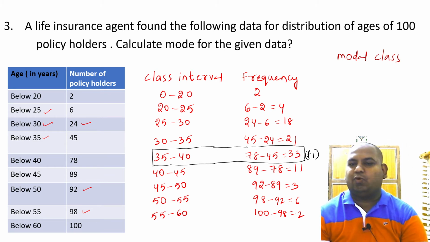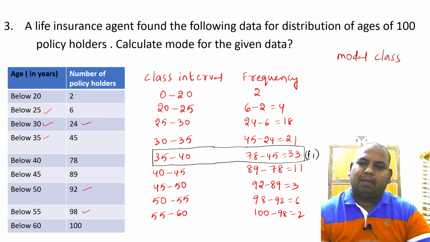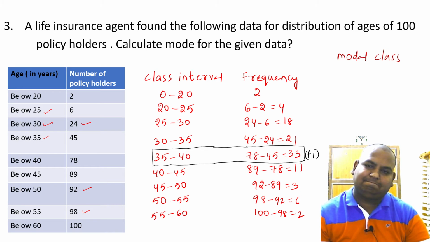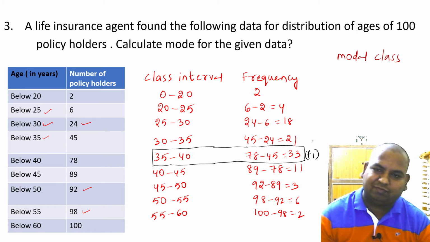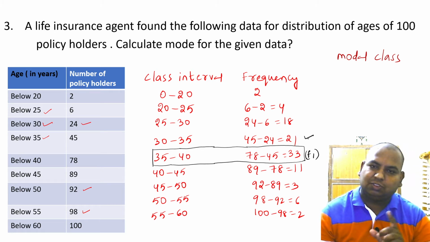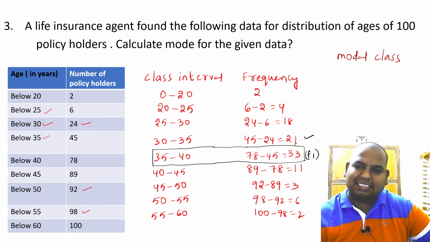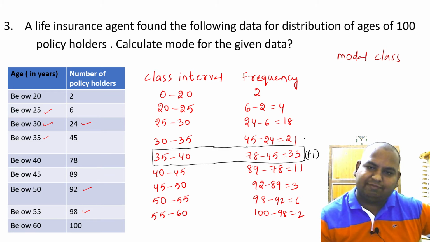What about f0? Before the modal class, which class interval do we have? This class interval. So the frequency of this class interval will be f0. What about f2? After the modal class, which class interval do we have? This class interval.